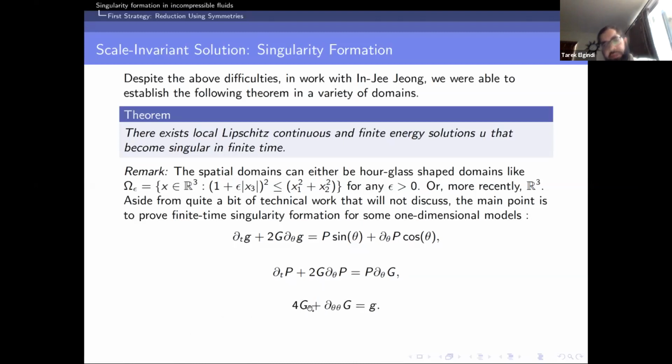And the idea for studying this kind of equation: you have this quantity little g and capital P, and little g is being transported by capital G, and capital G is determined by an elliptic equation. So this is a one-dimensional version of an Euler type equation.